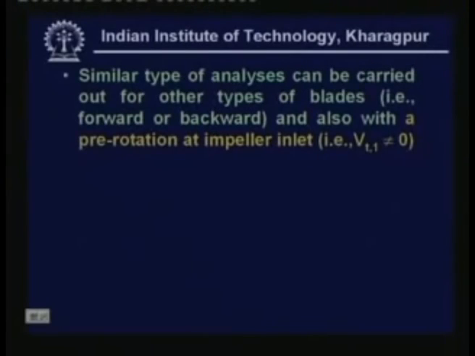Similar analysis can be carried out for other types of blades, that means forward or backward curved, and also with a pre-rotation at impeller inlet. You can extend this analysis by including beta. Here we assumed radial blades, so cot beta becomes 0. So beta does not appear in the expression for pressure ratio or the power input, but you have to include beta for other types of blades, that means forward or backward curved blades.